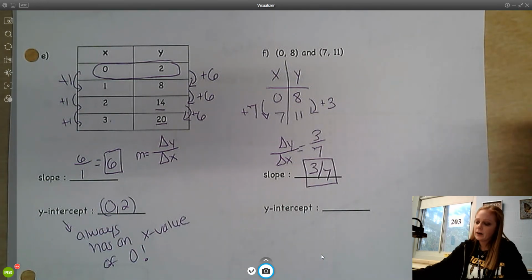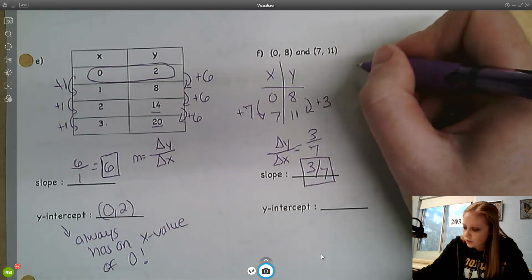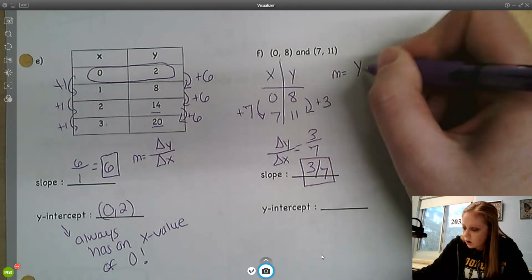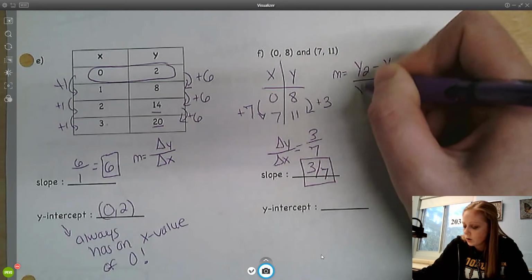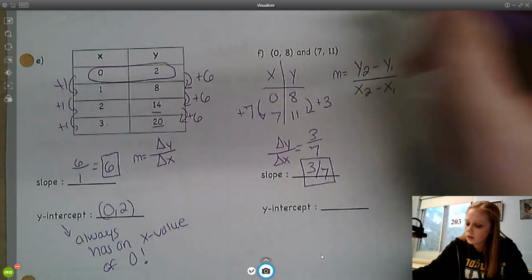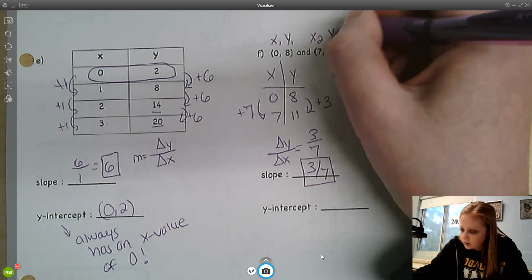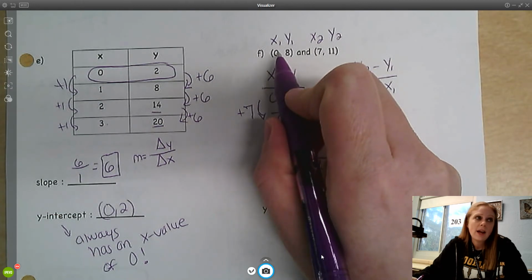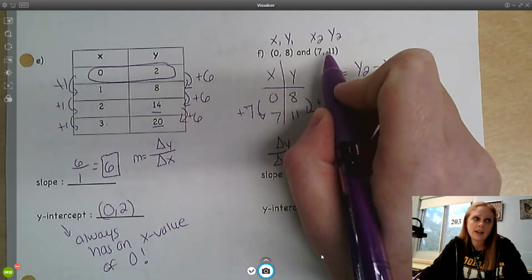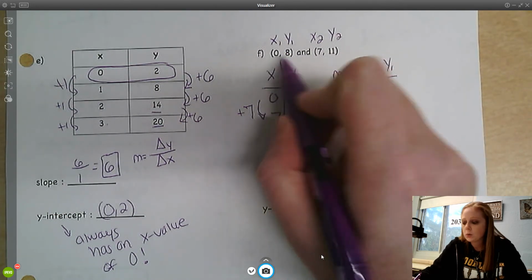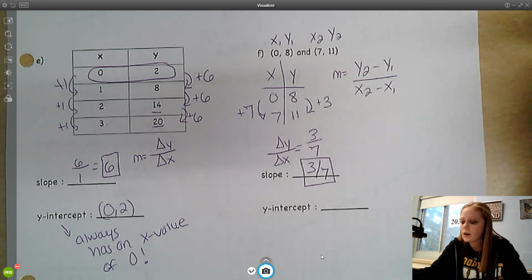And that's already simplified. Okay, if you would prefer to use the formula, here it is. y2 minus y1 over x2 minus x1. So let me just label these x, y, x, y. So it's kind of just like the first x, the first y, the second x, the second y. I say like x number 1, y number 1, x number 2, y number 2.